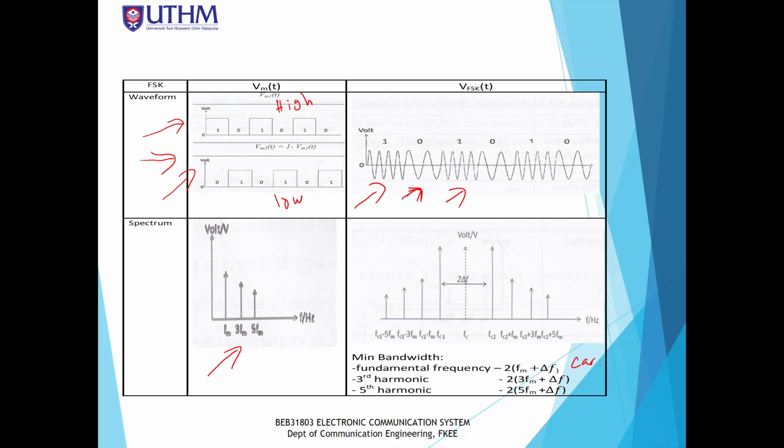Okay, menggunakan Carson rule, Carson bandwidth, iaitu 2 kali FM plus delta F. Okay, so depending on the input, dalam kes ini inputnya sehingga 5 FM, that means dia punya bandwidth adalah 2 kali 5 FM plus delta F. Okay, so remember the bandwidth follow Carson's rule, 2 times FM plus dengan delta F.